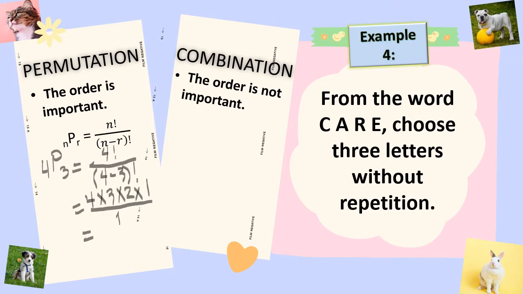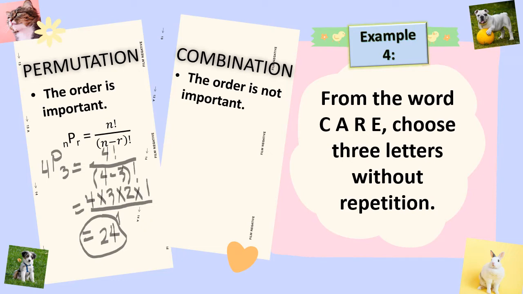So 4 times 3 equals 12 times 2, 24 times 1, 24. So we have 24 divided by 1. In permutation, there are 24 possible arrangements.